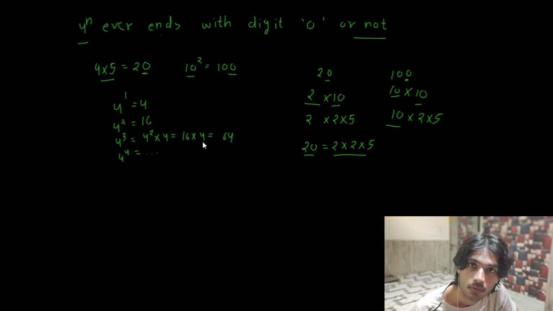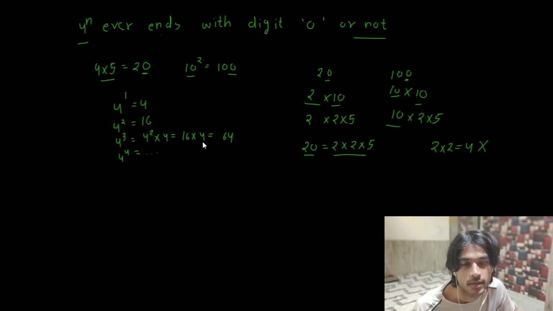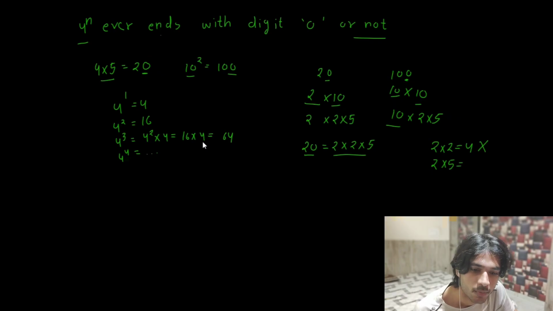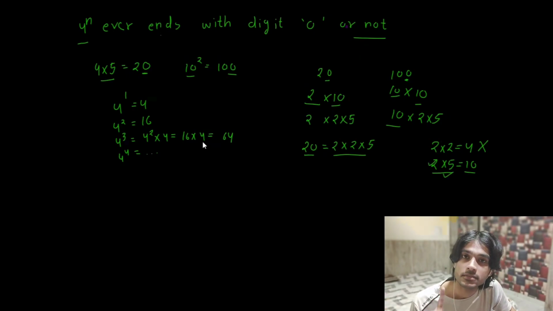So suppose only 2 comes and 5 doesn't come, then what will the number be? 2 multiplied by 2, which is equal to 4, but it doesn't end with 0, right? If only 5 had occurred, it would not have become 10 either. We get 10 as a multiple only if 2 and 5 occur at least once. They have to appear as a pair at least once, right?